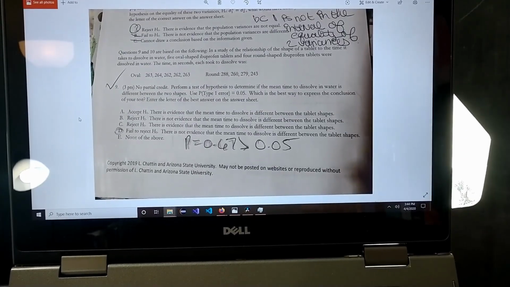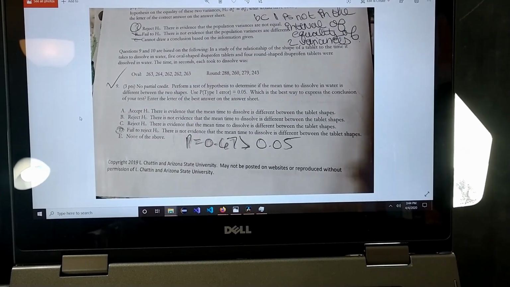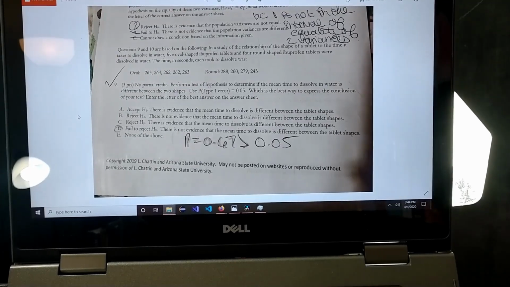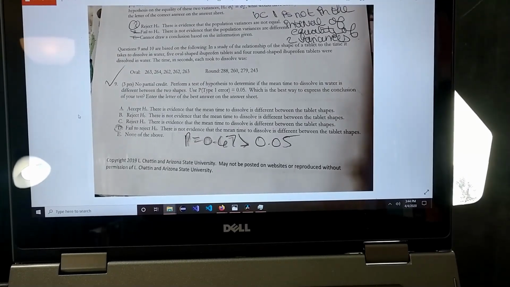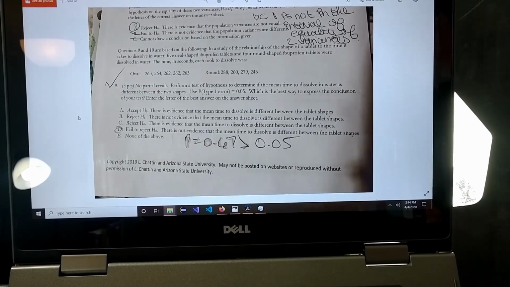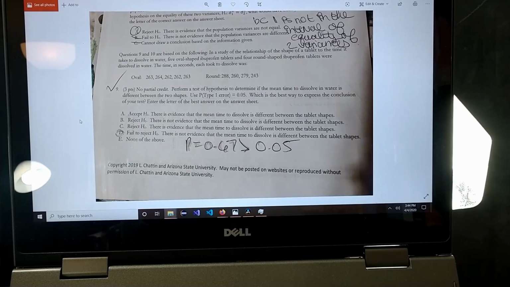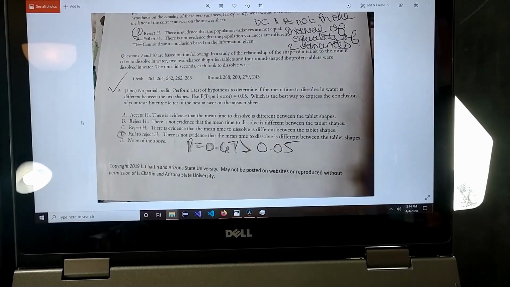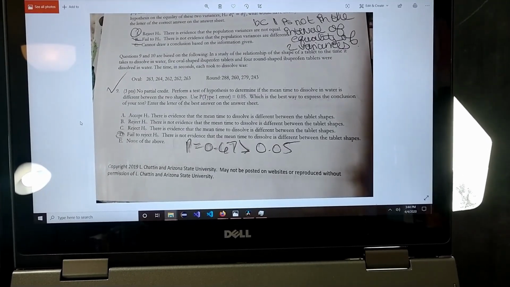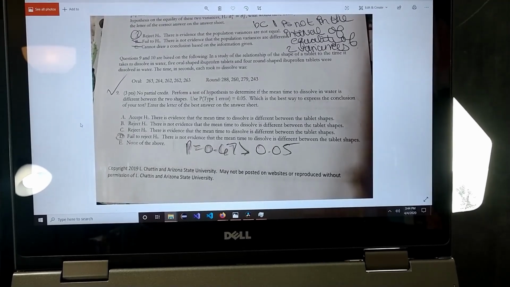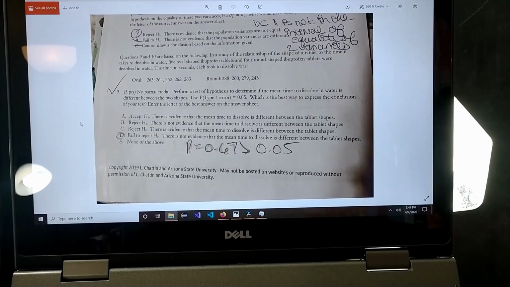For any hypothesis test, we're either going to reject or fail to reject the null hypothesis. That's the point of the hypothesis test. And further, we're never going to accept a hypothesis. A hypothesis test only suggests whether or not there is enough evidence to reject that hypothesis.